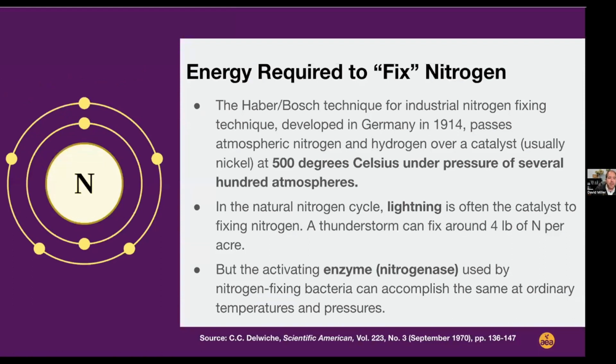But the amount of resources that it takes to convert the N2 gas into nitrogen that we're able to use is tremendous: 500 degrees Celsius under pressure of several hundred atmospheres. It's astounding the amount of resources that are needed to make this nitrogen that we're so used to, so dependent on.